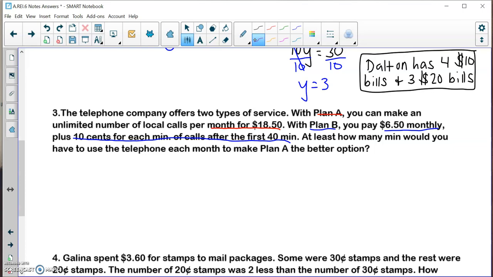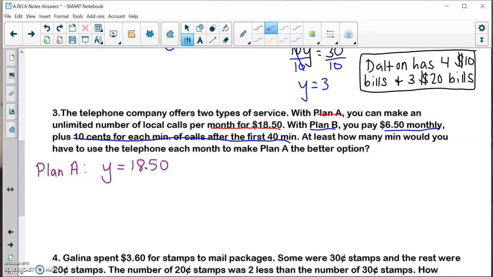So let's just do 1 month. So for Plan A, your cost for 1 month, the total cost Y, would be $18.50 regardless of how many minutes you use.